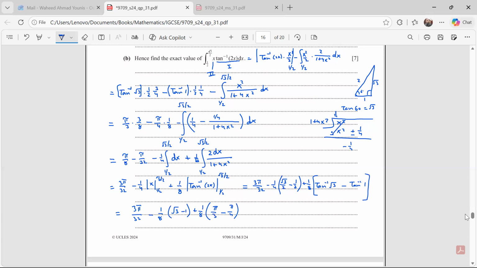Okay, so we finished the integration and now just try to do the simplification. 3 pi by 3 minus pi by 4 will give me pi by 12, right? And pi by 2 combined with this part will give me, oh my goodness.